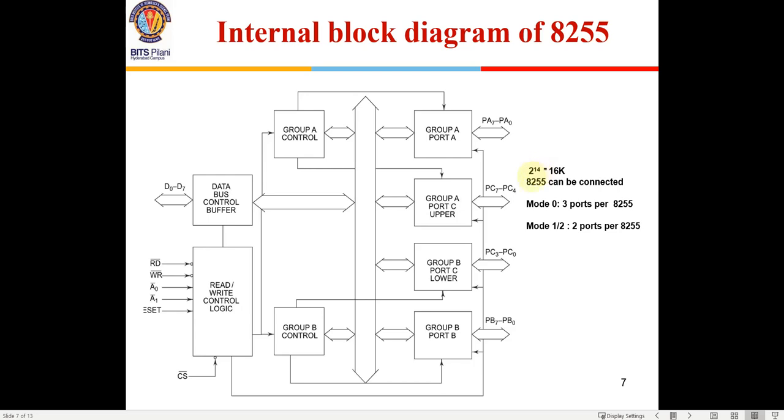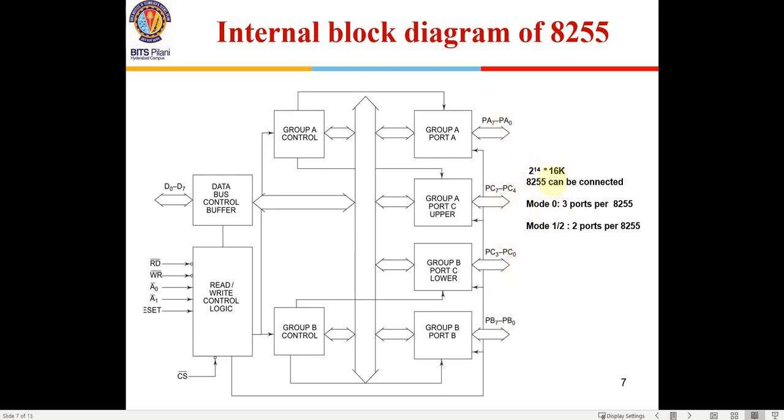But 2 lines will be used by the 8255 internally to select one of the ports. So 2 to the power of 14, which is 16k 8255s, can be connected to 8086, and on each 8255 you can connect 3 ports.